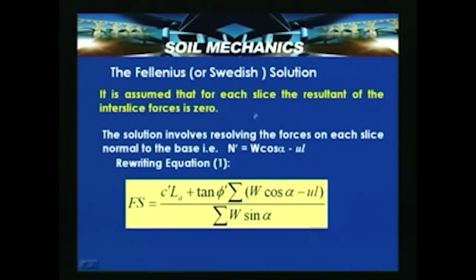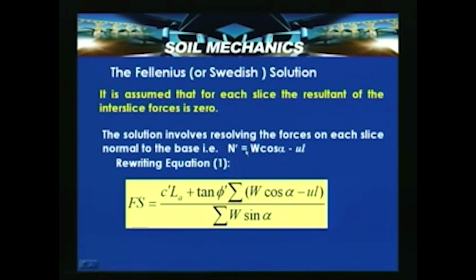So, the solution involves resolving the forces on each slice normal to the base, that is N dash is equal to W cos alpha minus UL.